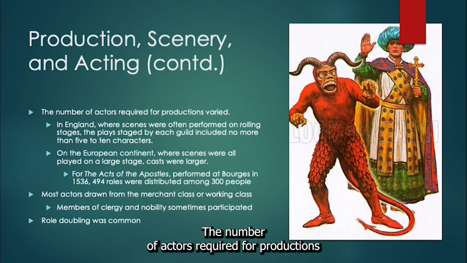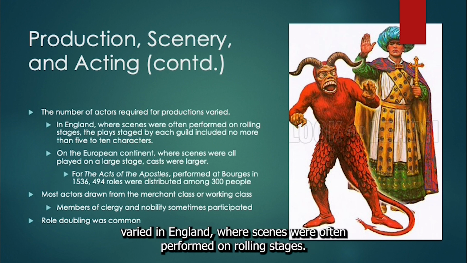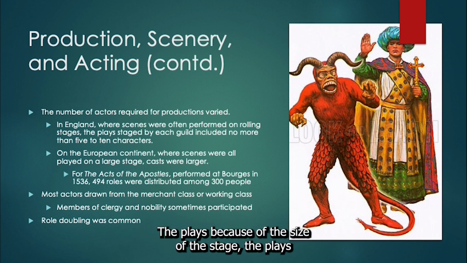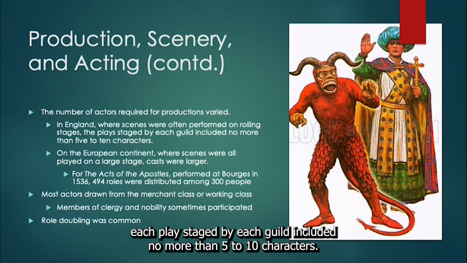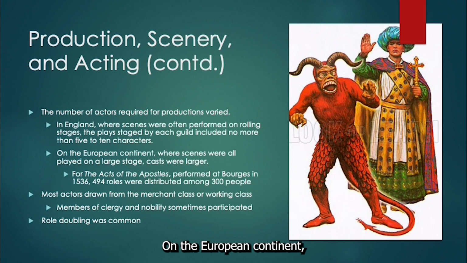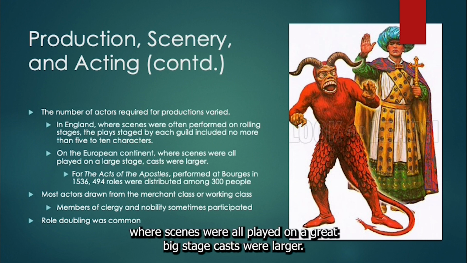The number of actors required for productions varied. In England, where scenes were often performed on rolling stages, because of the size of the stage, each play staged by each guild included no more than 5 to 10 characters. On the European continent, where scenes were all played on a great big stage, casts were larger.